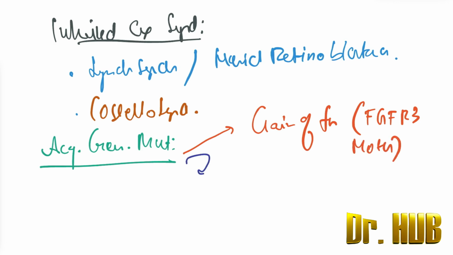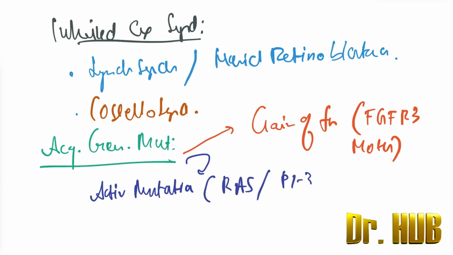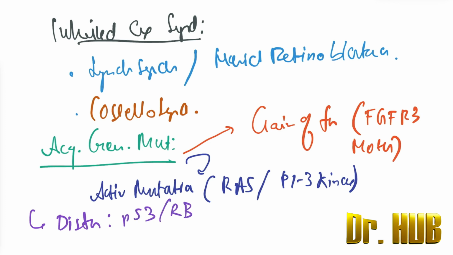Next comes the activating mutations, and this is of RAS and also PI3 kinase. Next is the disruption, and this is a disruption of the P53 as well as the RB genes, and this is in muscle invasive cancer.